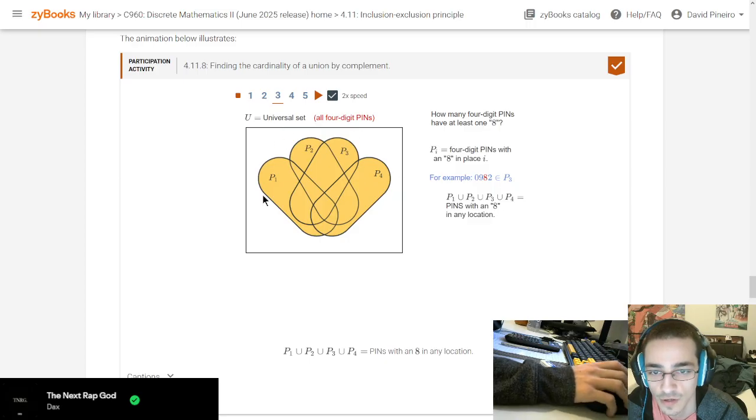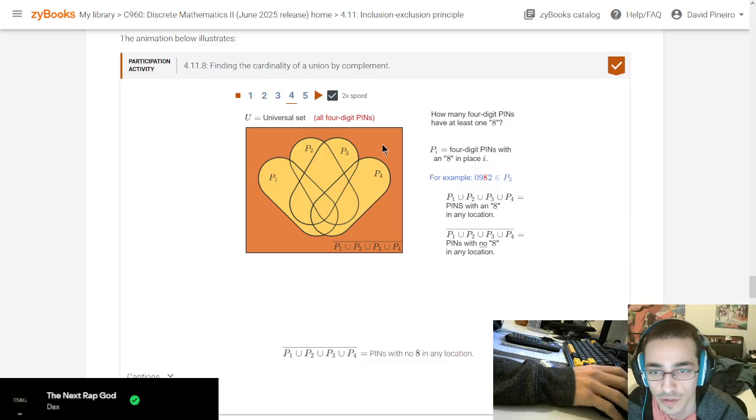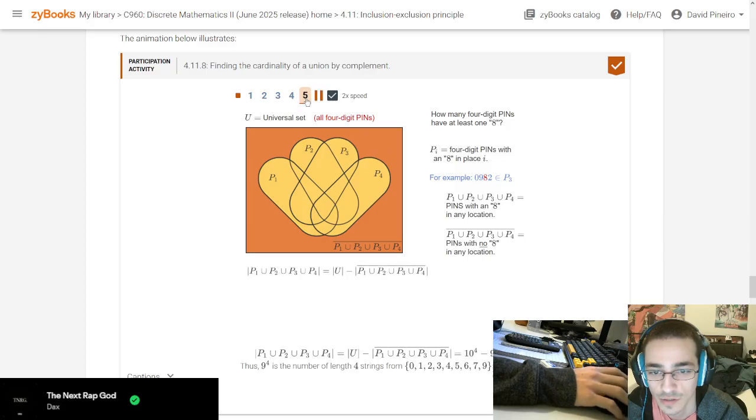So the union is outside, I suppose. So P1, 2, and 3 is where they have an 8 in that place.